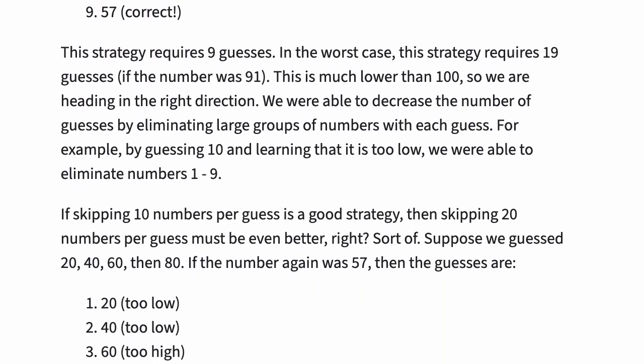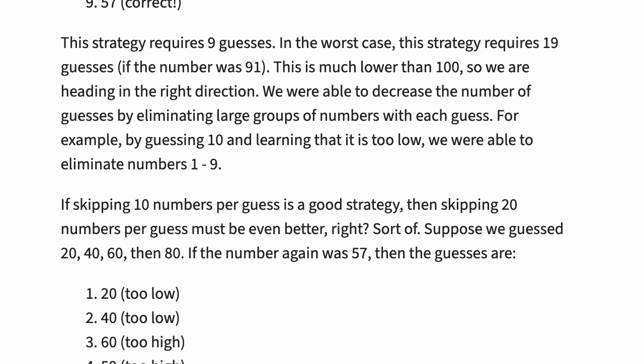This strategy required 9 guesses. In the worst case, this strategy requires 19 guesses, if the number was 91. This is much lower than 100, so we're heading in the right direction.